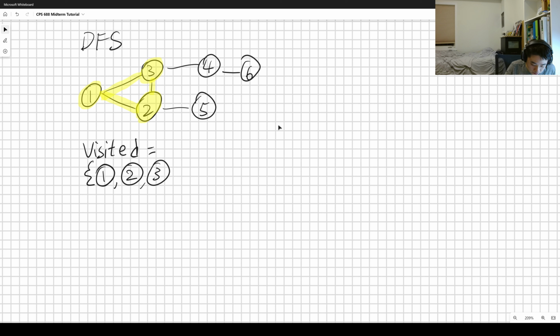So we do nothing there. So the next thing is, well, where do we go next? The choices right now are going to 5 or going to 4 from 3.